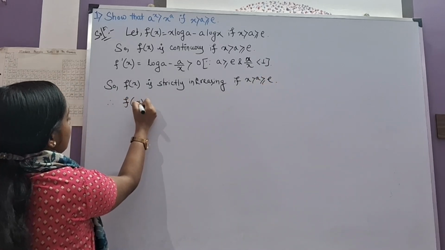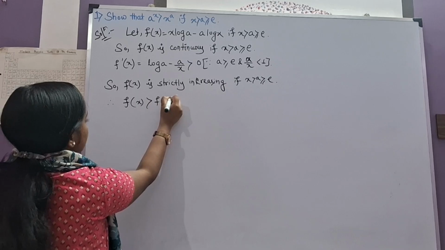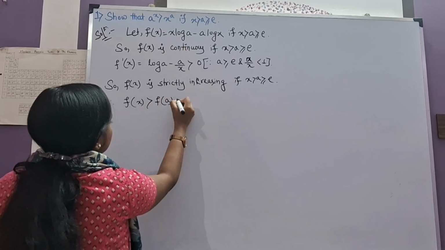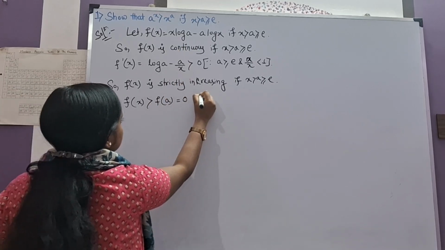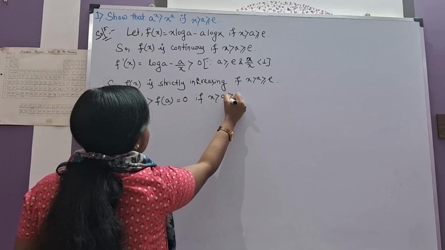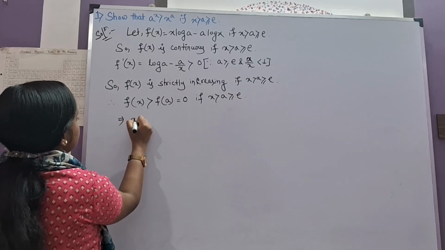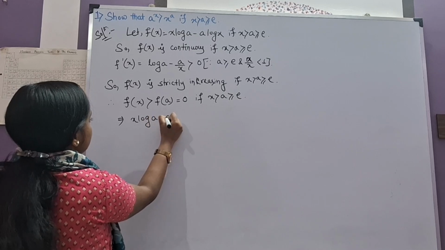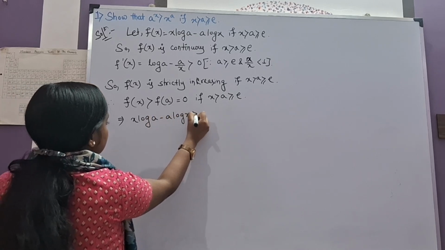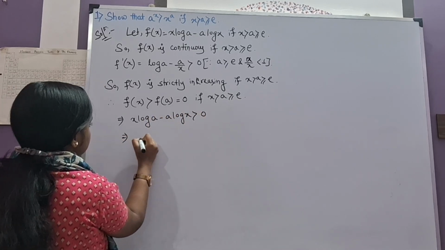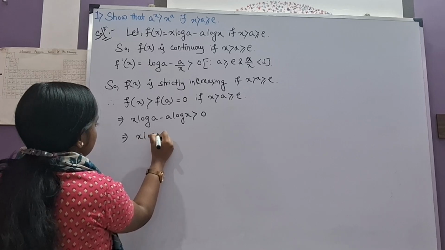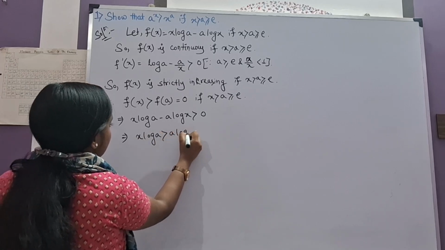So f of x greater than f of a, and f of a equal to 0, if x greater than a greater or equal to e. So this implies x log a minus a log x greater than 0. This implies x log a greater than a log x.